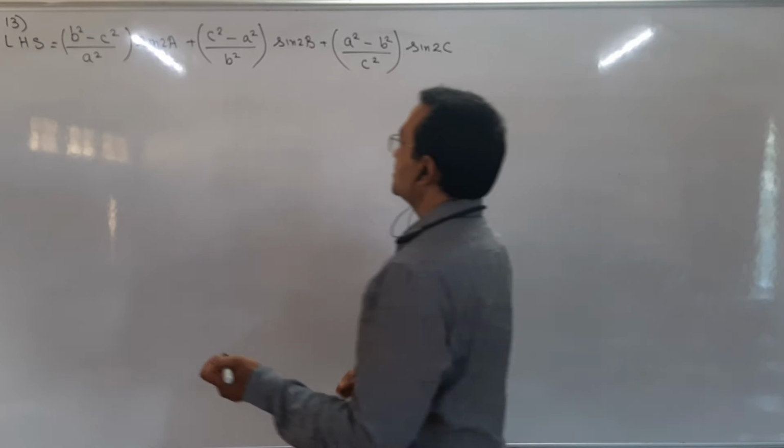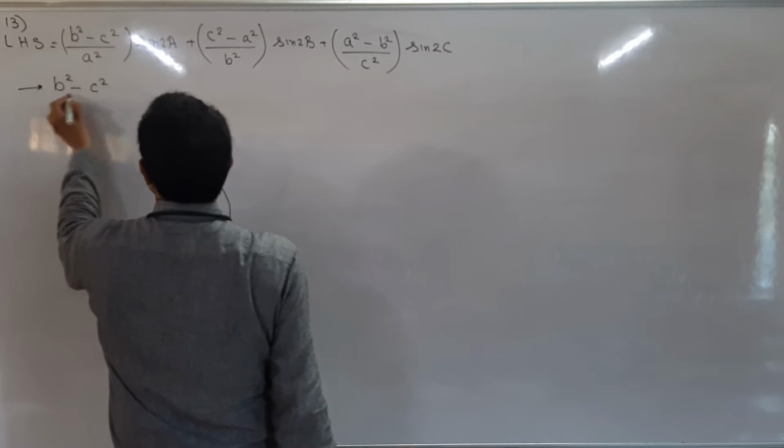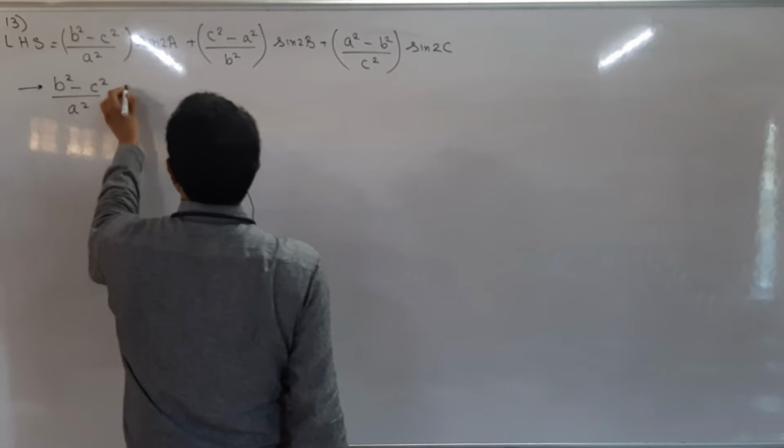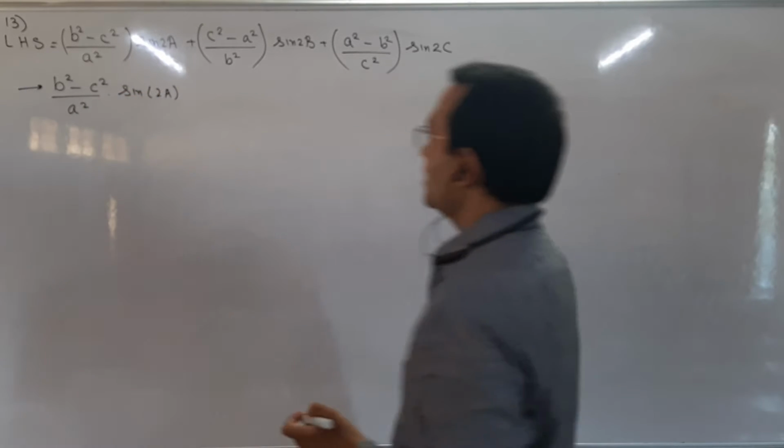Now let us start the simplification of the first term, which is b square minus c square upon a square into sine of 2A.